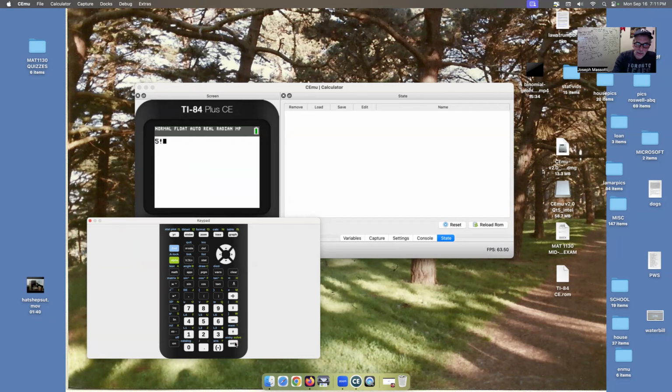But if we put that factorial sign, we should get 5 times 4 times 3 times 2 times 1, which, by the way, is the number of different ways to introduce the starting 5 of any basketball team, if you think about it. You got 5 choices for the first, 4 choices for the second, 3 choices for the third, and so on.